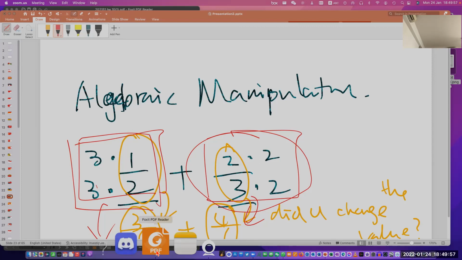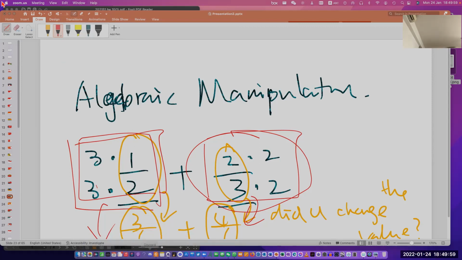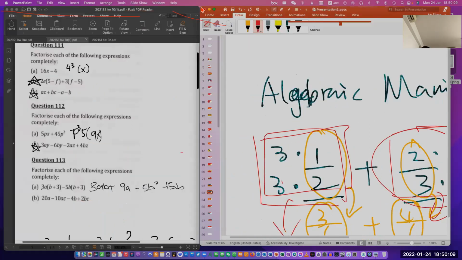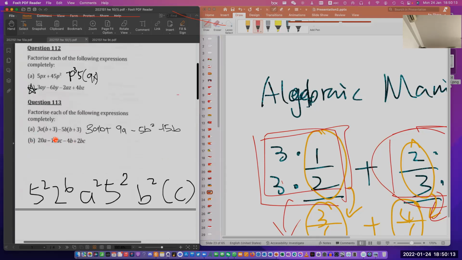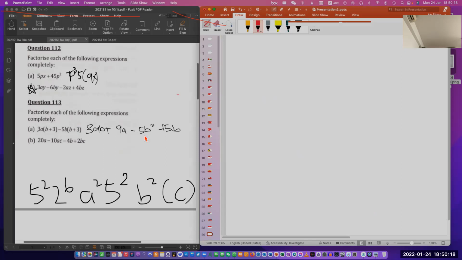So let's go back to the PDF. That's how you do the 4 terms. So the next 4 terms is this question 113. Have you done this? No, I don't think so.